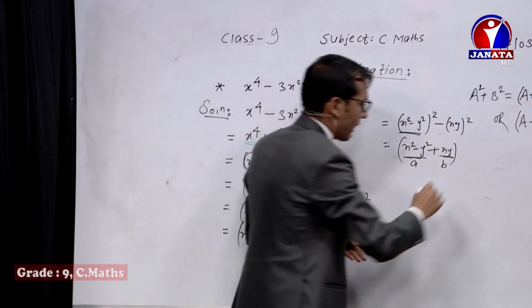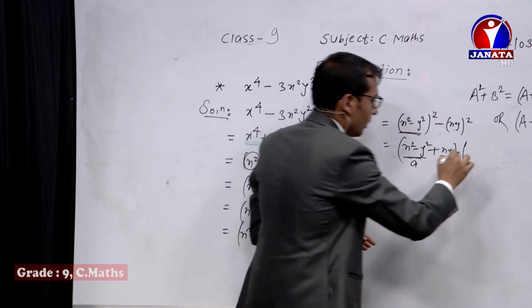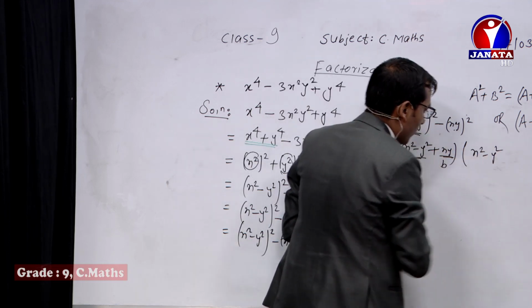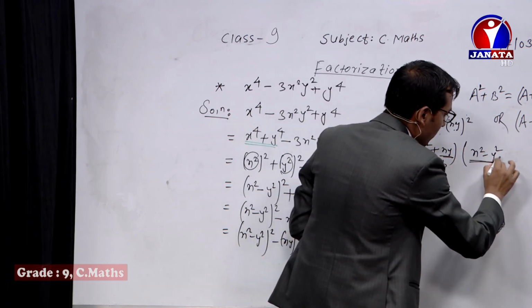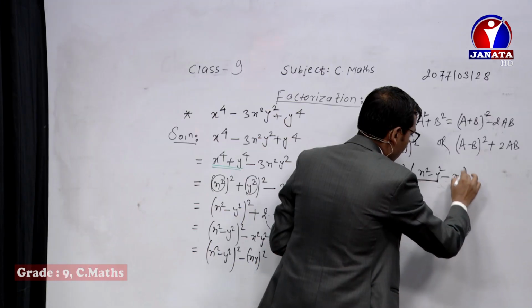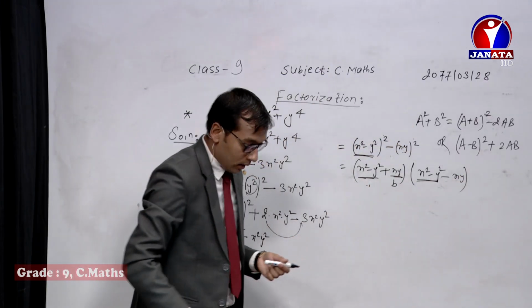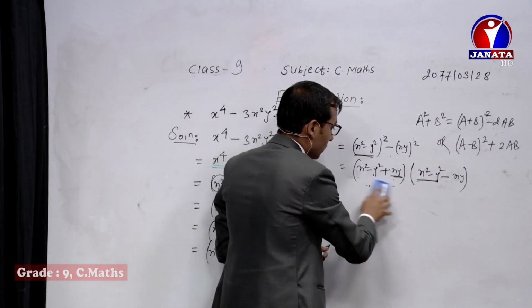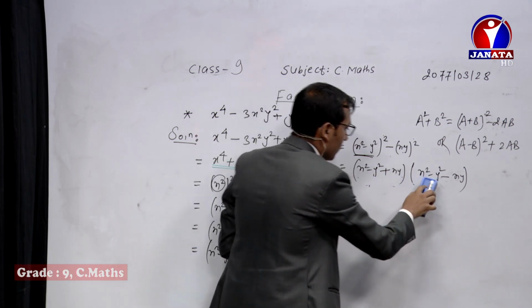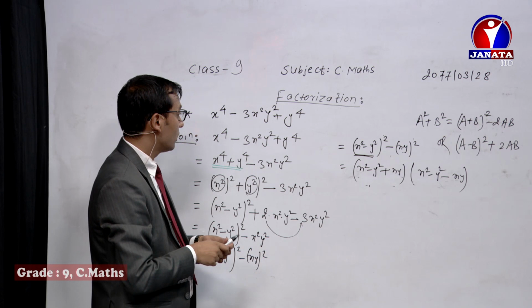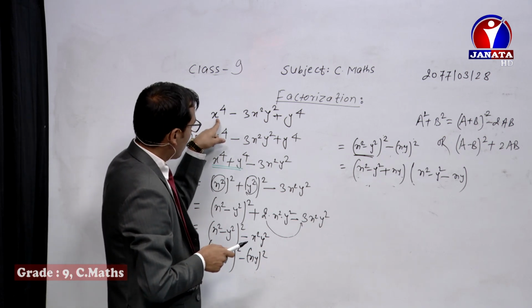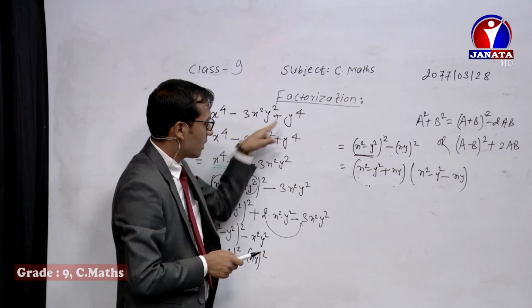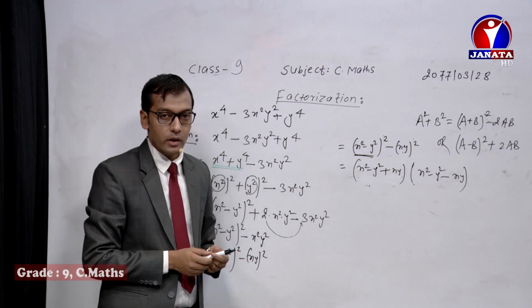Similarly, the next factor is a minus b. X square minus y square, this is a, minus, what is b? Xy. So these are the two factors of the original expression, x to the power 4 minus 3x square y square plus y to the power 4.